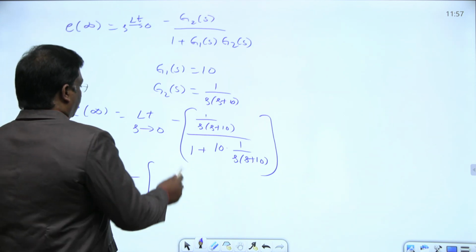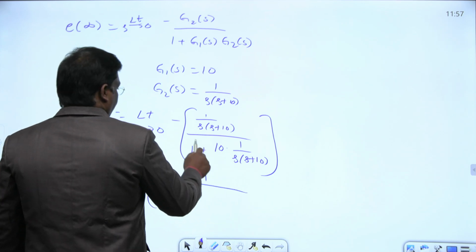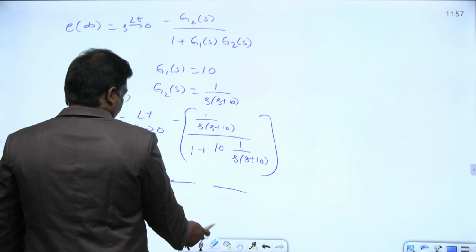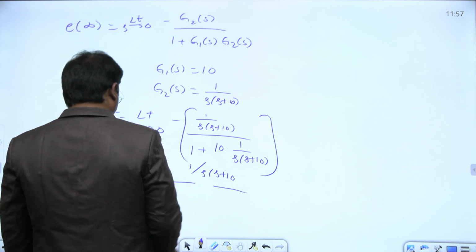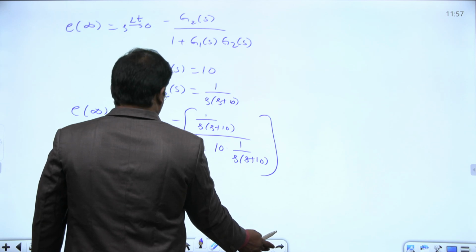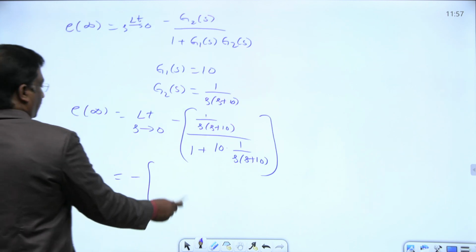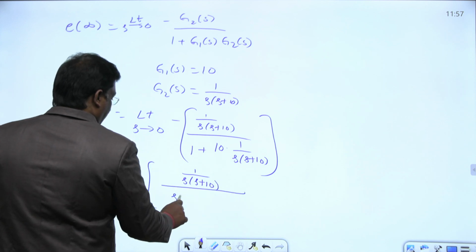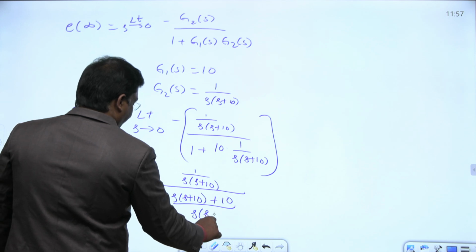Notice here 1 by s into s plus 10 divided by, s into s plus 10 plus 10, divided by s into s plus 10.